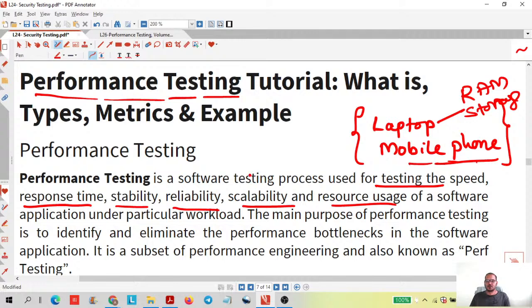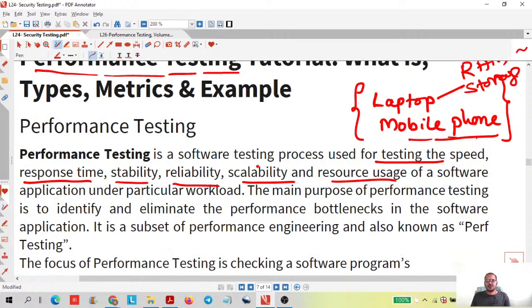So how it responds whenever we open any application, the response time, stability, how secure it is, reliability, how easy it is to use, scalability, how we can extend it, and resource usage of the software application under a particular load.